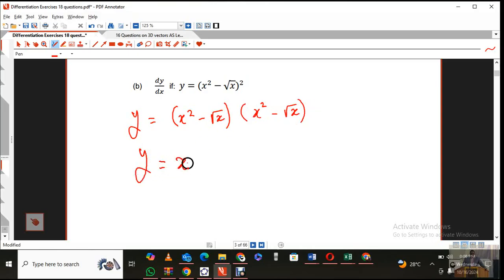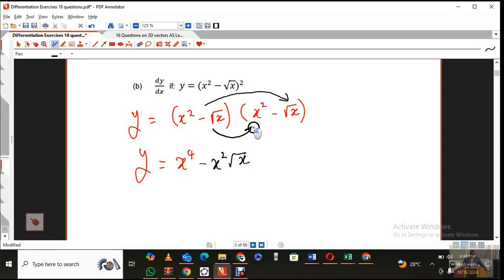So that's going to be x raised to the power of 4. The next one will be two of them, x squared, so it's going to be minus x squared root x.